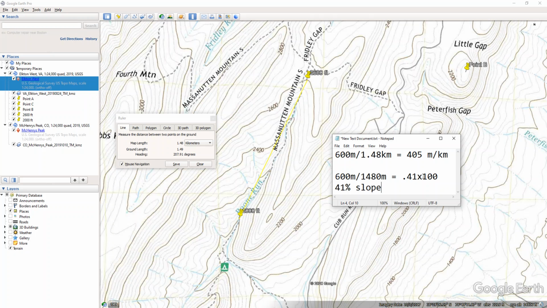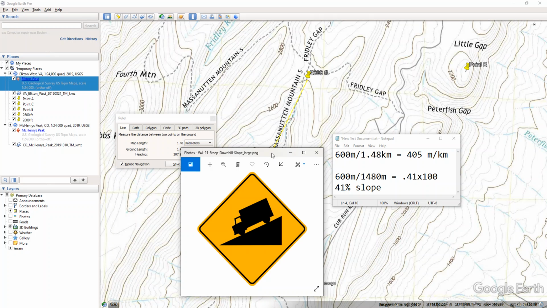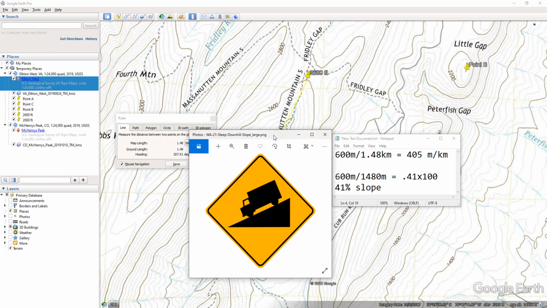And oftentimes these signs with the truck will actually have a percent slope on it. It'll say 7% or 16% grade. It does that so the trucks will know whether or not their brakes are going to hold or not, and they can put it into low gear or make a smart decision maybe and not even try to go down that hill. So there are people that need to know about slopes who never thought they might, especially truck drivers. Okay.